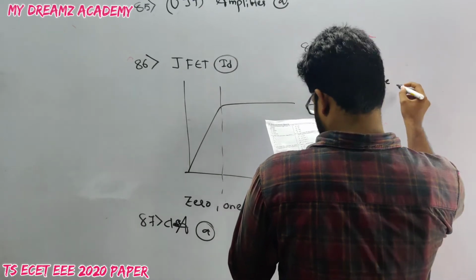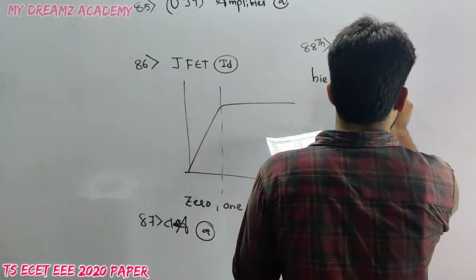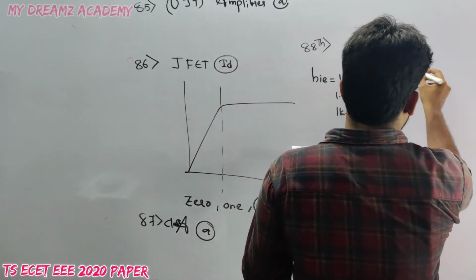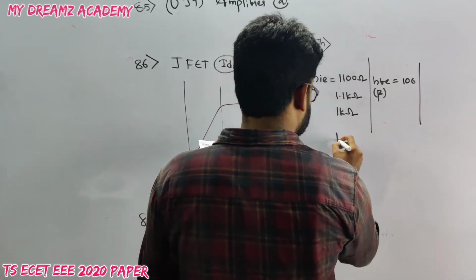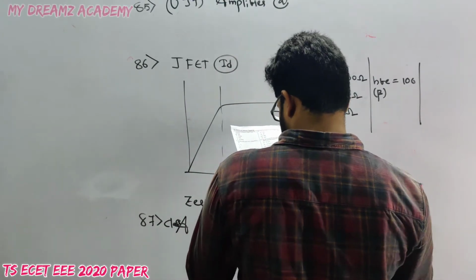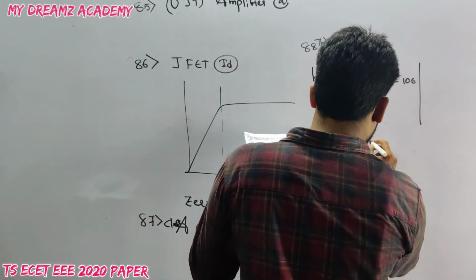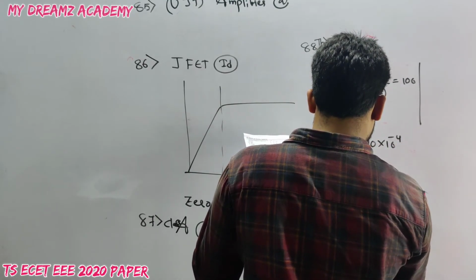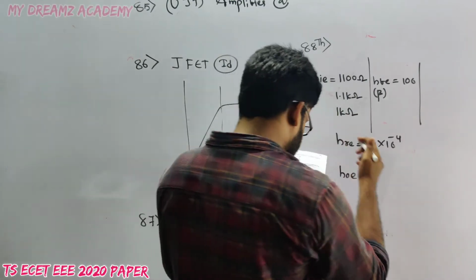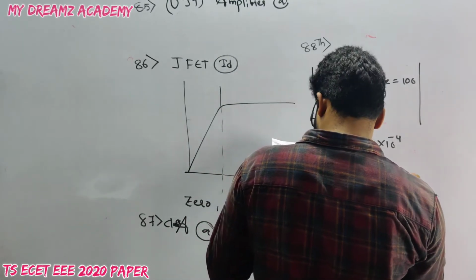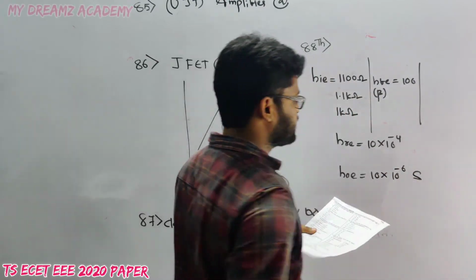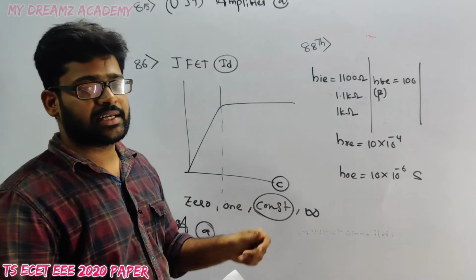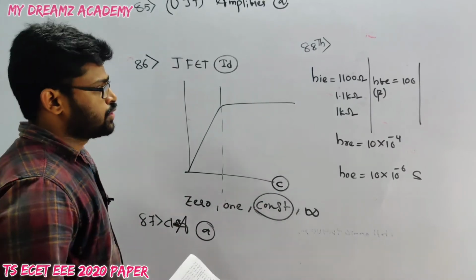hfe, this is nothing but beta, beta value nearly 100. And the next one, hre value will be 10 into 10 to the power of minus 4. hoe, output admittance, that is 10 into 10 to the power of minus 6 S, which is the reciprocal of impedance.